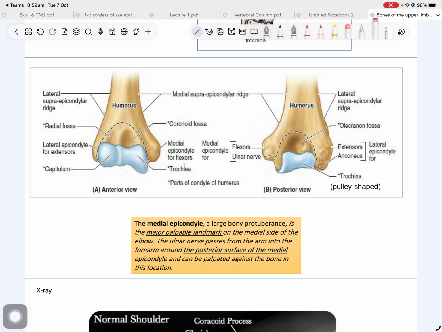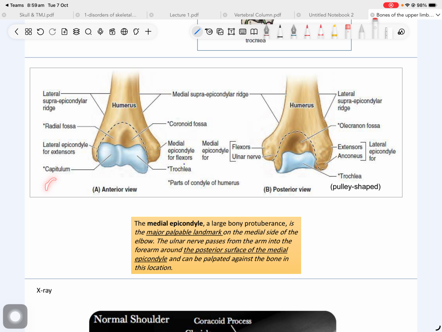And I have another process here, we call it the capitulum. They saw that it looks like a small head, so they named it capitulum. So I have medially the trochlea and laterally the capitulum. Both articulate with the bones of the forearm. The trochlea articulates with the ulna, while the capitulum articulates with the radius.